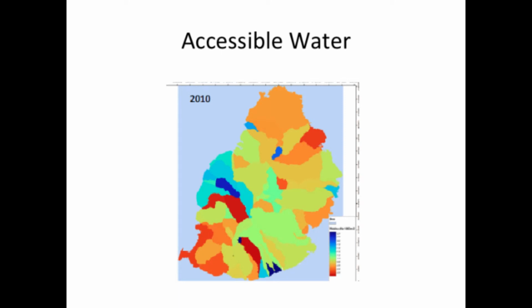Another example, accessible water. Again, you want to identify the stocks of accessible water by your river basins, or by your non-overlapping spatial areas or ecosystem assets, including the rivers and lakes and the precipitation and stocks of estimations for your stocks of groundwater or aquifers.